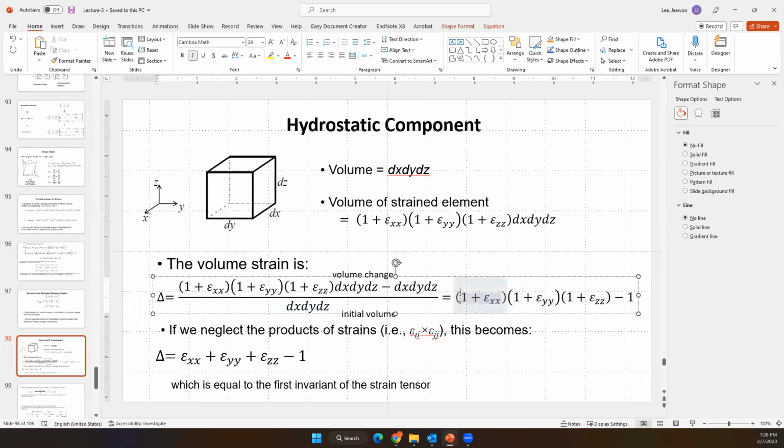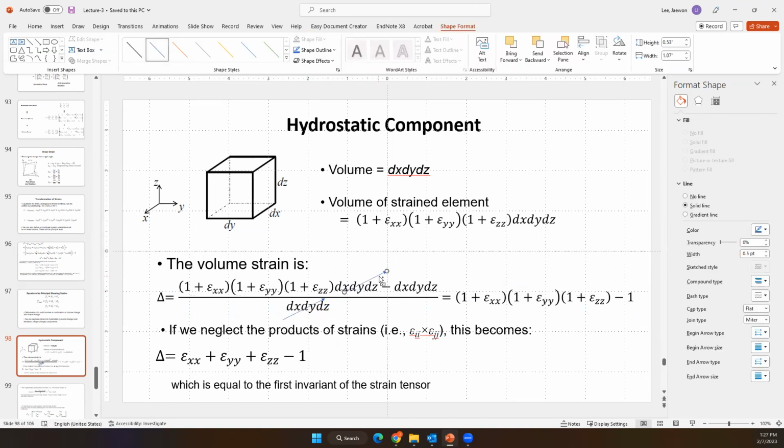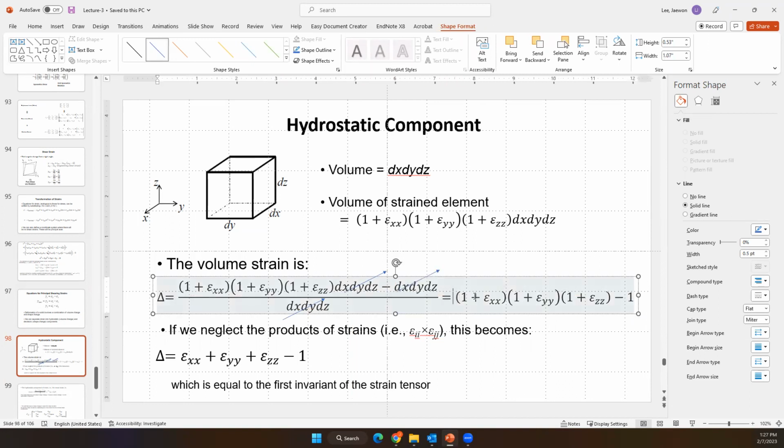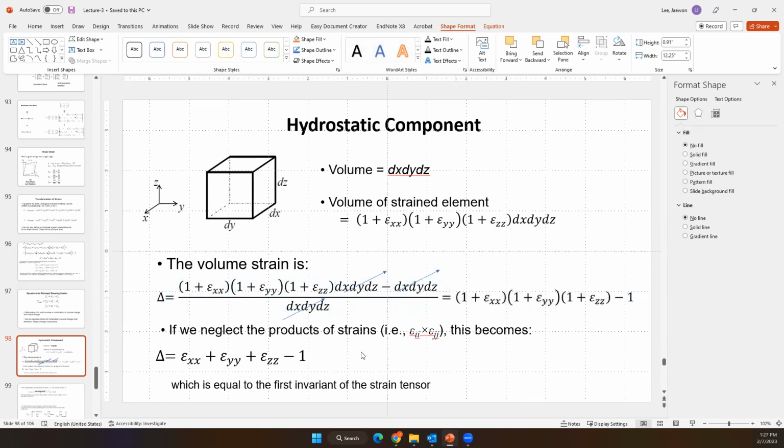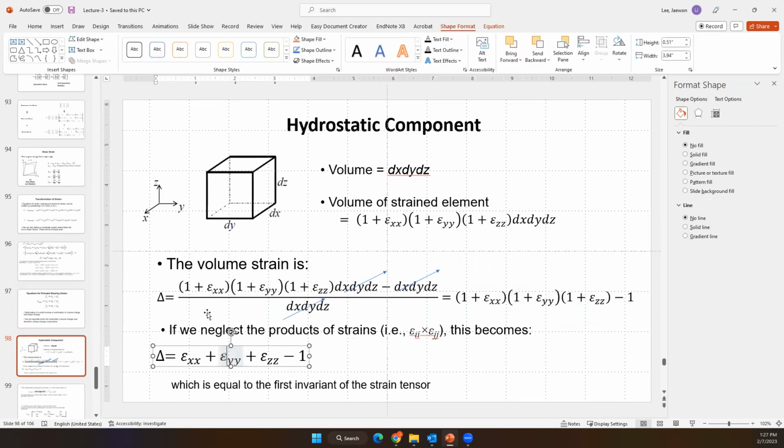So if we solve this one, we can simplify. So we got a simplification now. If we neglect the product terms, just this one, this one, we can simplify, and the volume strain would be expressed like this.